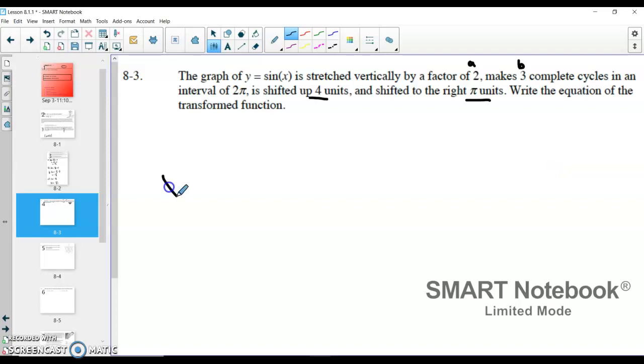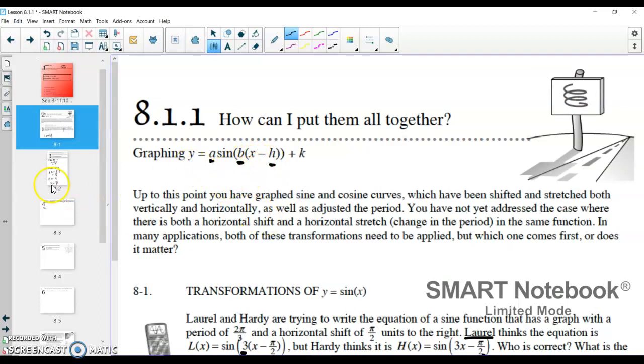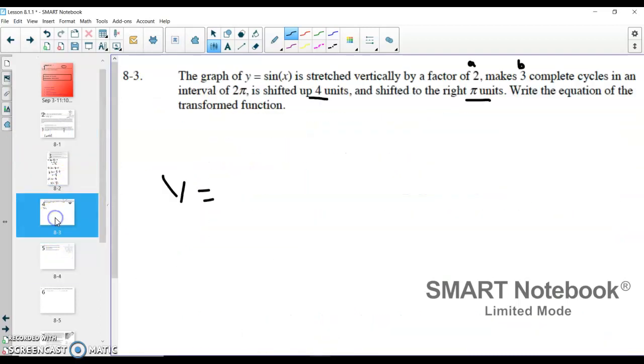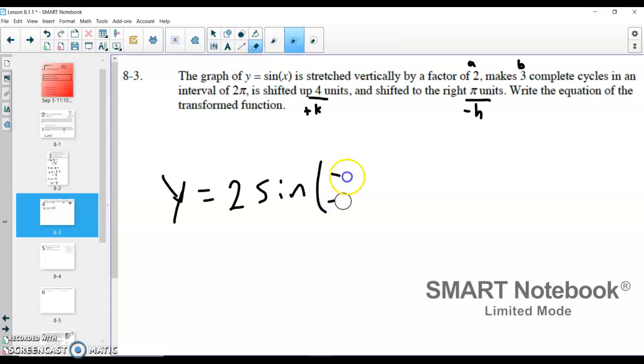My equation is going to end up being y equals, and again, keeping in mind these different pieces here, I really should also include in here, shifting up, that's like a k value, and that's like a positive k value, so that's like plus k. Shifting to the right, that's like minus h. So let's put this all together. So this is y equals 2 sine, and then because I want 3 complete cycles, that's 3, and then x minus pi, because it's shifting to the right pi units.